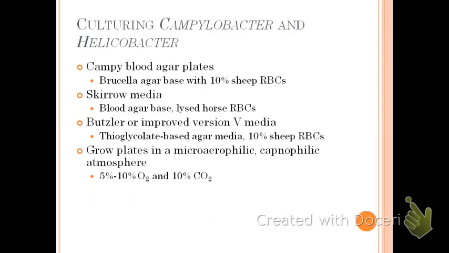Of course, since the organism is microaerophilic, you have to be careful with the atmosphere that you'll be using. It has to be about 5 to 10% oxygen with around 10% CO2 because the organism is also capnophilic.